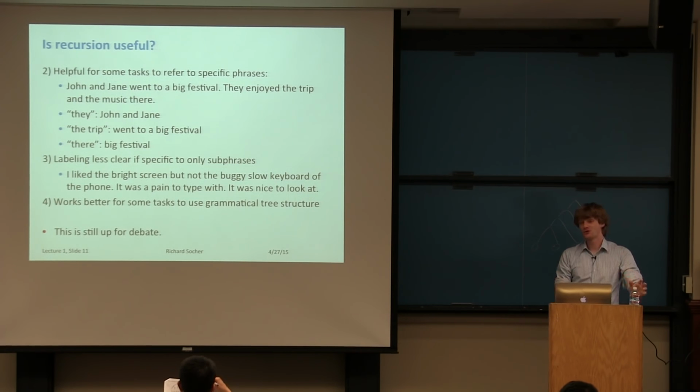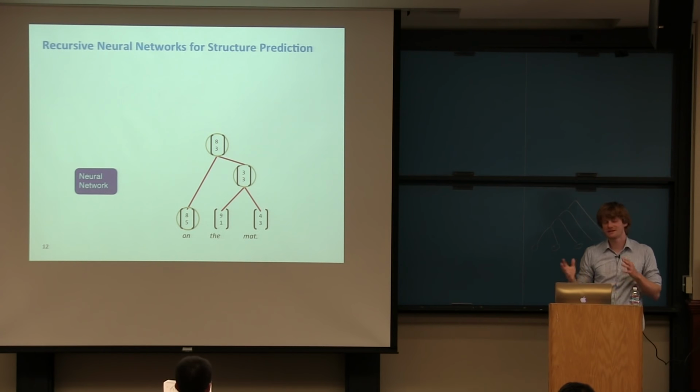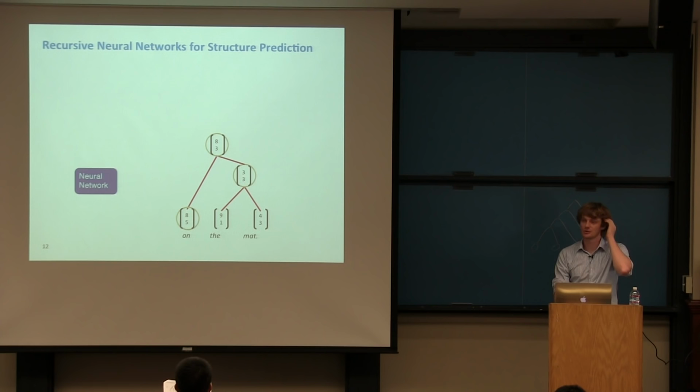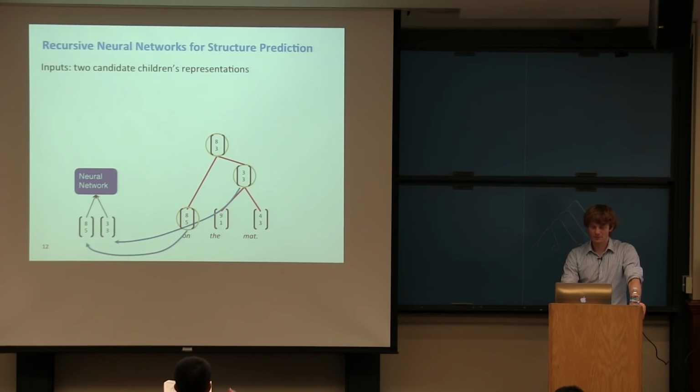But OK, let's for now assume, and it's still the case, that on some tasks, these models work the best right now on some standard benchmark data sets. And so let's define what a recursive neural network is and how we get these parse tree structures. Basically, we'll have two inputs, which are, in general, the candidate children's representations. In the beginning, those will just be the words, for instance, "the" and "mat".